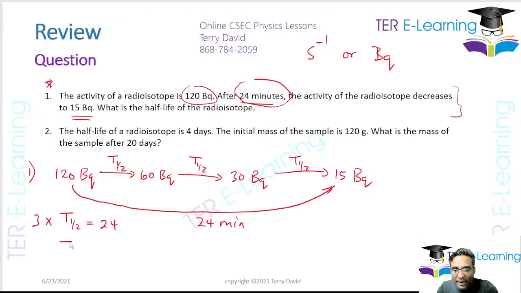Therefore, my half-life is 24 divided by 3, which is 8. And please use whatever time unit they gave you here. It's minutes, so it's going to be 8 minutes. So this is how we work a question like this if they give us a time interval, where we know the initial activity and the final activity.